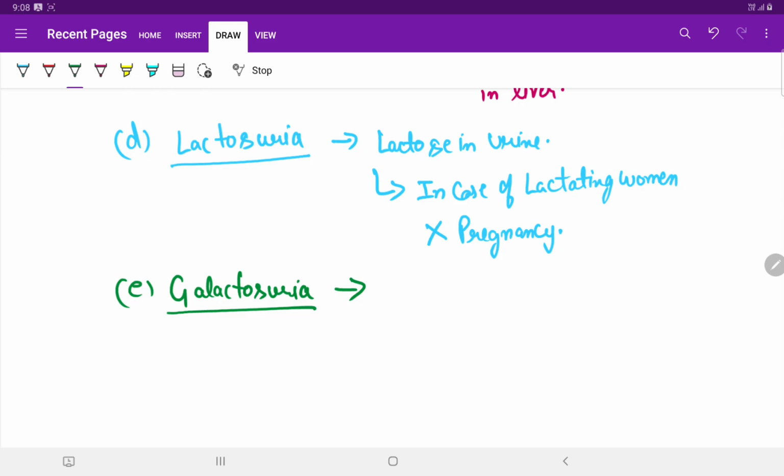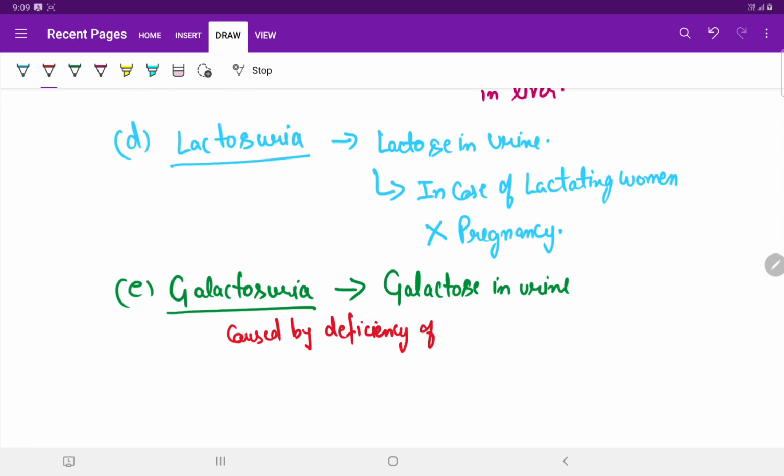This is associated with galactosemia, a metabolic defect due to deficiency of the enzyme galactose 1 phosphate uridyl transferase.